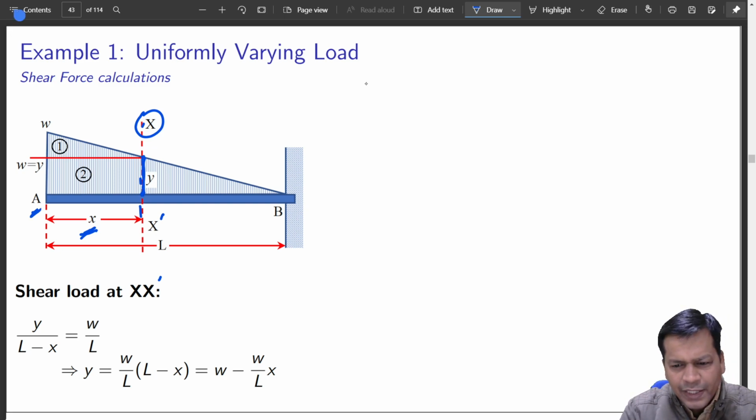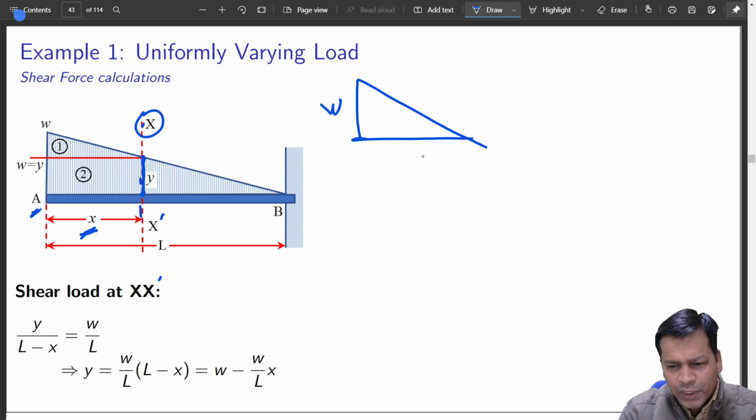This is W, this is your total length L. If this is X, how much is this? If this is Y, I have assumed, so Y can be given as this.